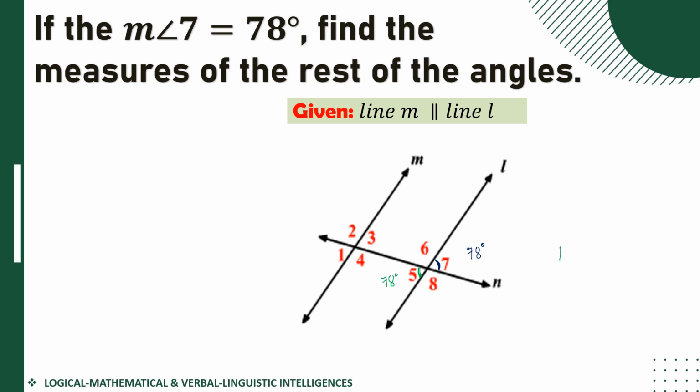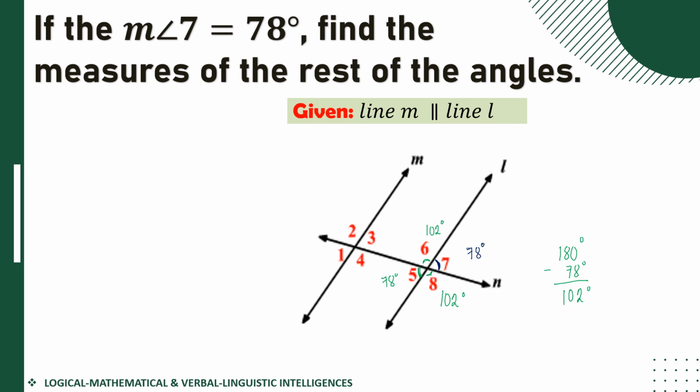Then I would have 180 degrees minus 78 degrees. So in here, I would have 102 degrees. So this is 102 degrees. Now that means angle 6 is also 102 degrees. And then this time, I'd like to apply the concept of alternate angles.